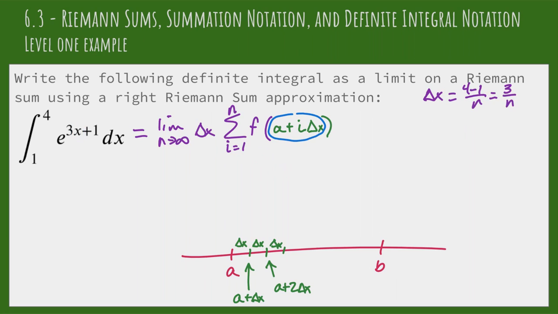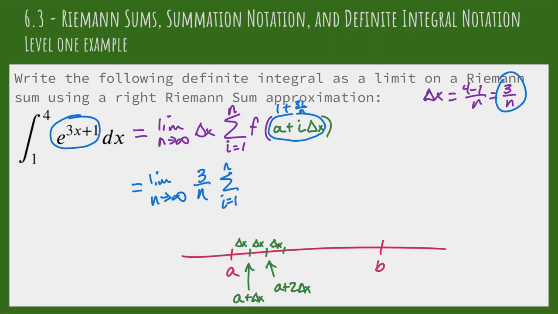All right, so what I want to do now is take this expression and plug it into the function for x. So I'm going to replace the delta x with 3 over n. I'm going to plug in the a, which, by the way, a is 1. So this ends up being 1 plus 3i over n. So we're going to plug that 1 plus 3i over n into the function here for x, and we get the limit as n approaches infinity of 3 over n, that's delta x, times the sum from i equals 1 to n of e to the 3 times 1 plus 3i over n, plus 1.